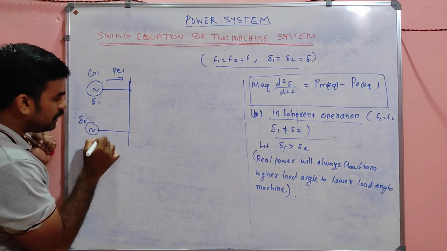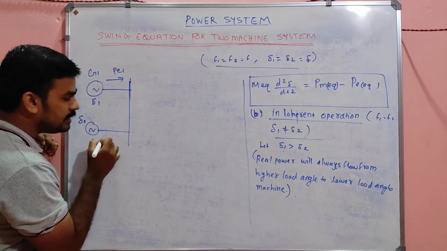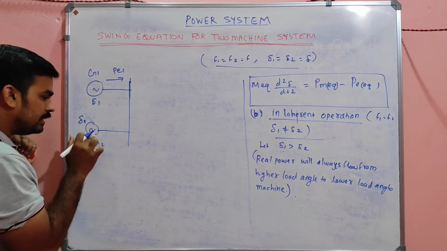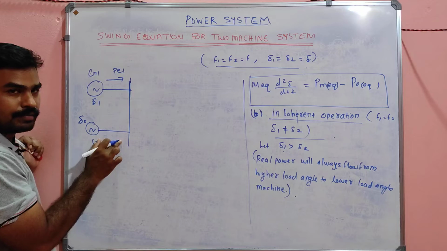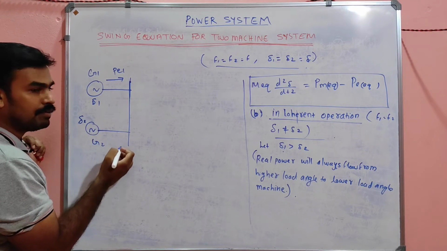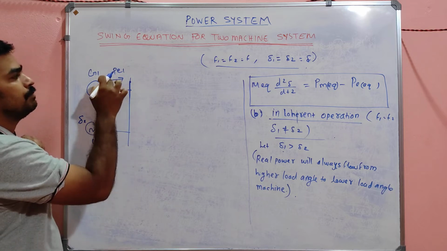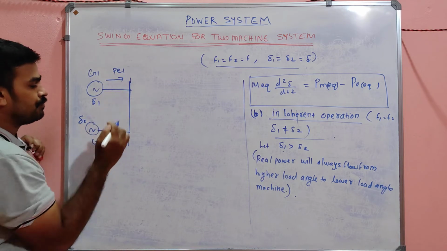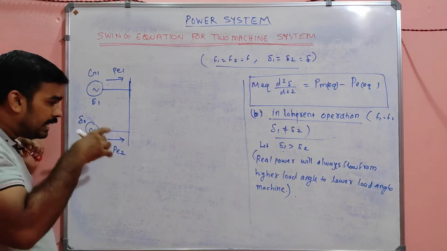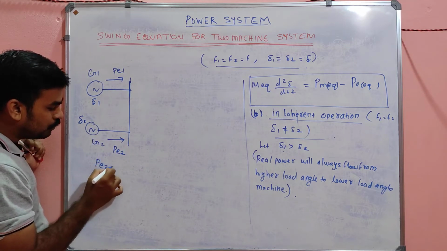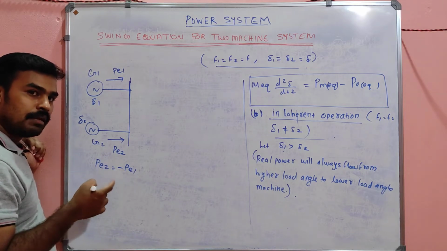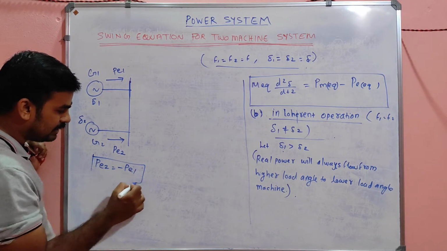If I mark P2 also in this direction, it indicates that this also is delivering power. So the only way to indicate this is, my dear, suppose this is in this direction now, I can mark P2 like this and say that P2 will be minus P1. If I set it like this, then it is correct.